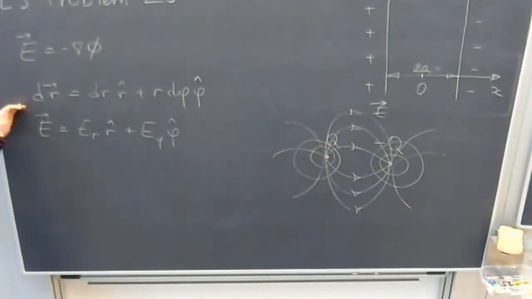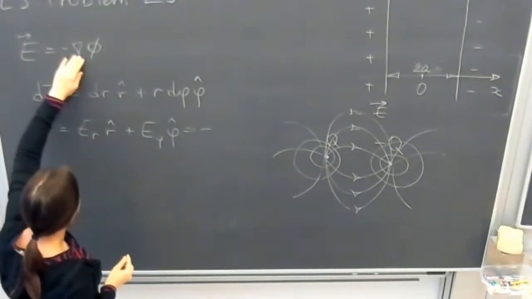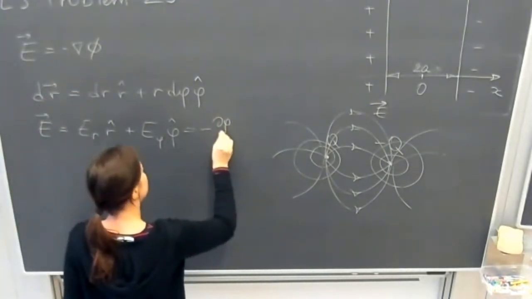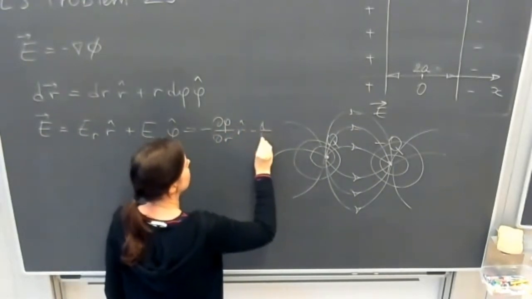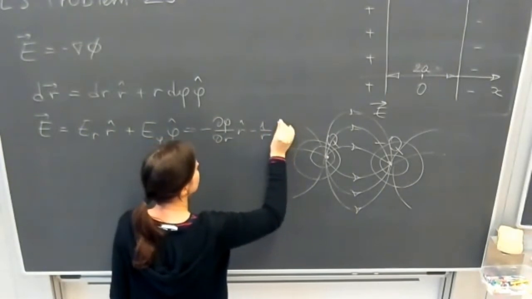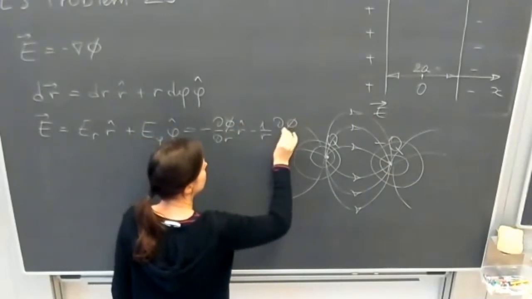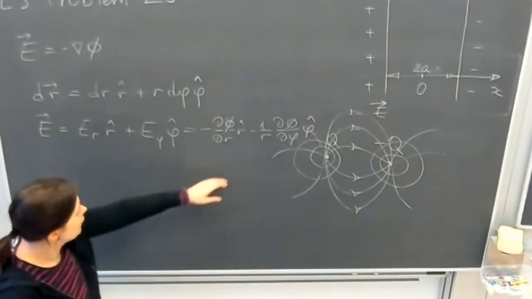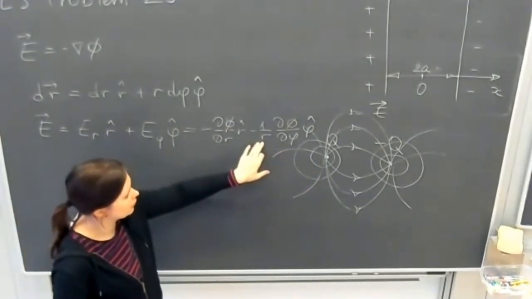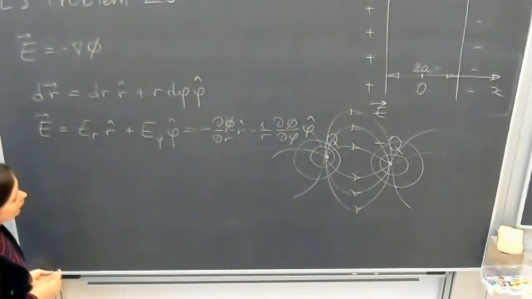So now if we equate one side to the other, we can also write the gradient again in cylindrical coordinates, where phi has this 1 divided by r in the definition of the gradient.